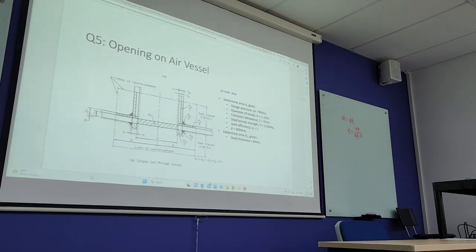Sometimes, if you substitute more values, from 0.1 to 3 meters, then in between everything changes.